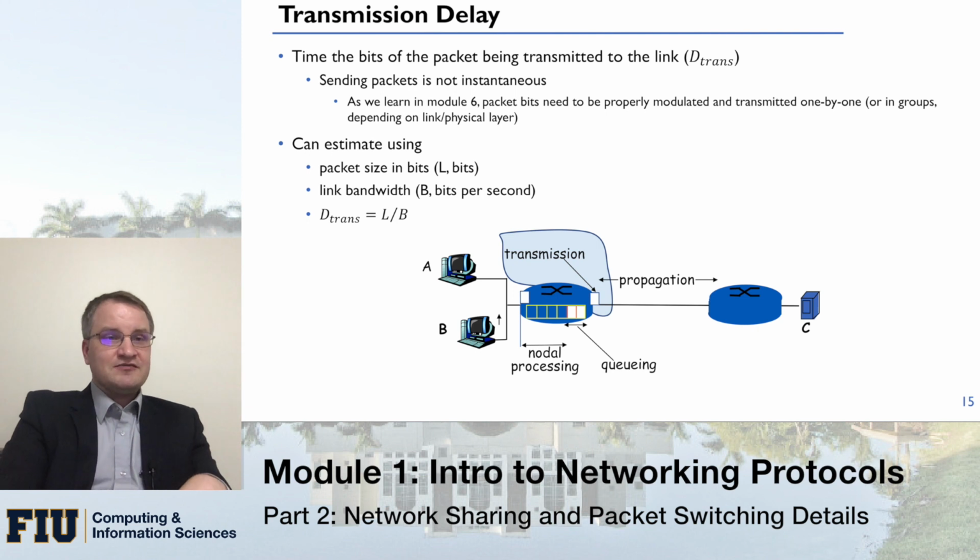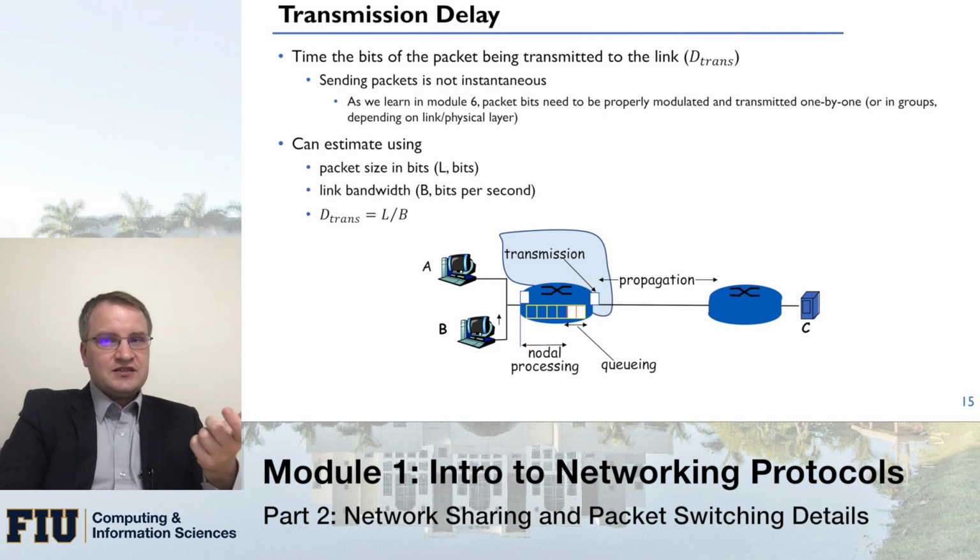It takes some amount of time to actually be transmitted, to be encoded on a wire. You can estimate this delay based on the link bandwidth. You cannot pump packets through the link faster than the link bandwidth, so the transmission delay can be estimated by simply taking the length of the packet and dividing it by the bandwidth. That would be the approximate transmission delay.